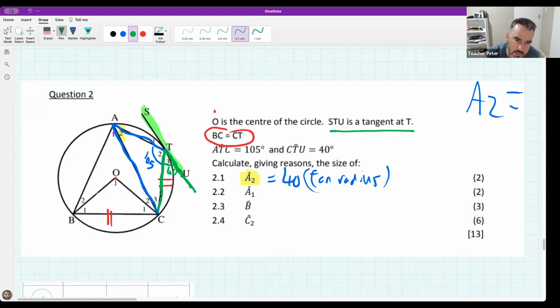Yes, that's 40. Now, what we say is that chord subtends the angle up here, so are you good with that one? Yes, sir. Now, A1 is the next bit. That's a bit more tricky, hey? Yes, sir. Now, let's try and figure this out together a little bit. Okay, what makes this one?